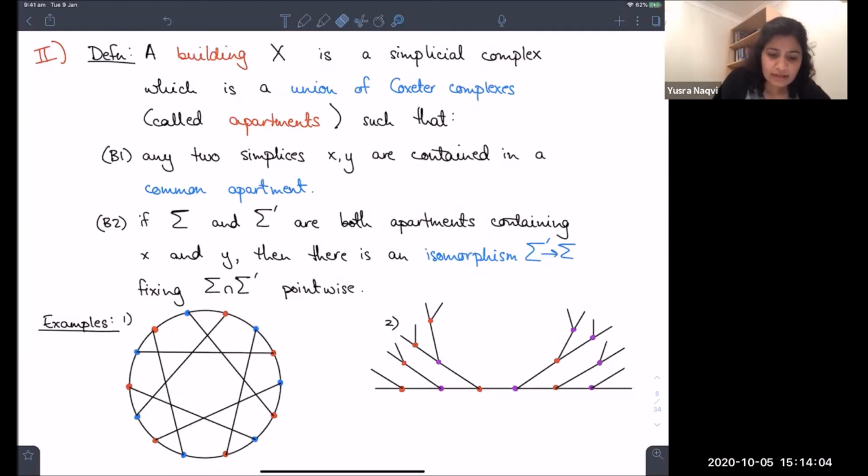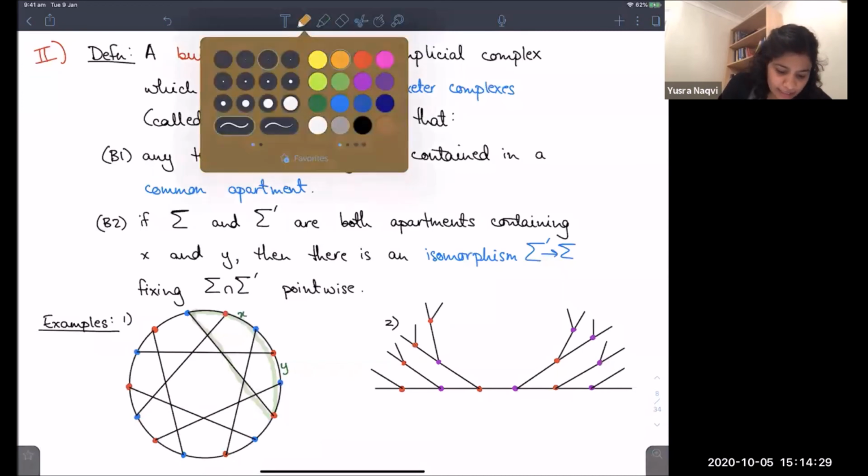And this is basically following these two principles, B1 and B2 up here, which says that anytime I have two simplices, X and Y, there is a common apartment, a common Coxeter complex that they both live on. So in this case, here I have a common hexagon that both this X and Y are on.